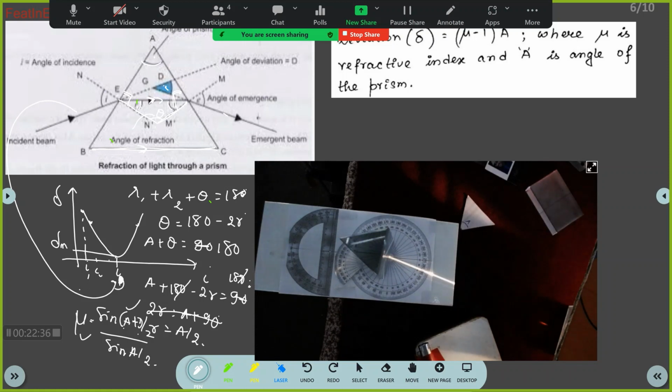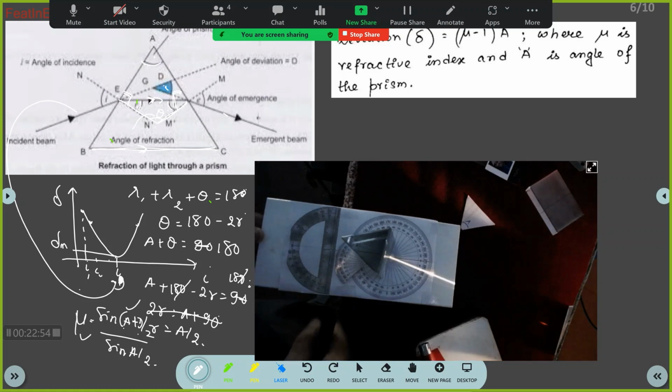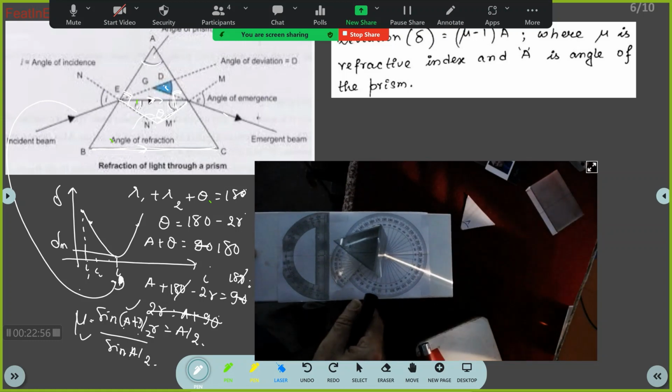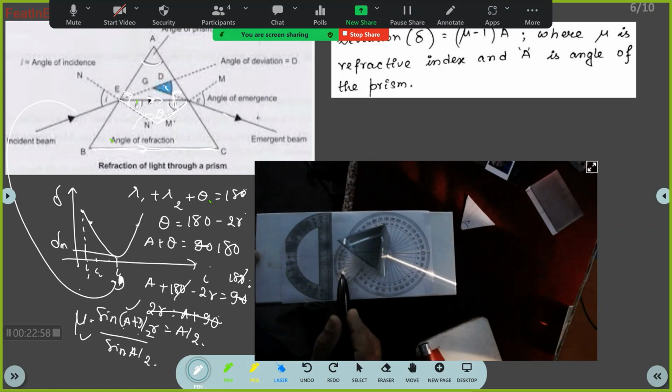Now you can see the ray that is going to come out of the prism. You have to conduct this experiment with due diligence. So you can see this is the emergent ray here. You should draw a line from this point to this point.